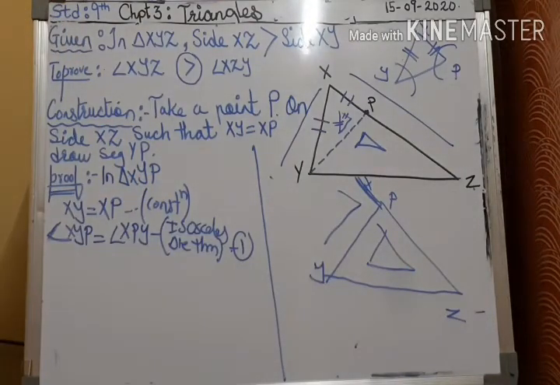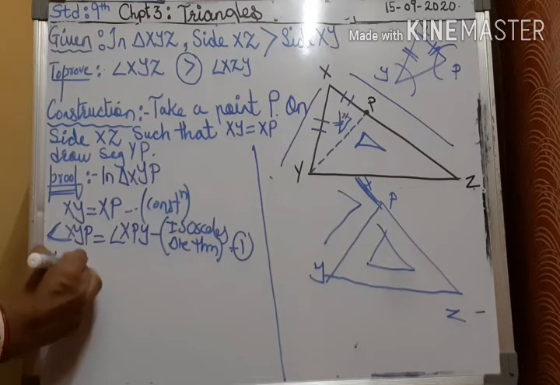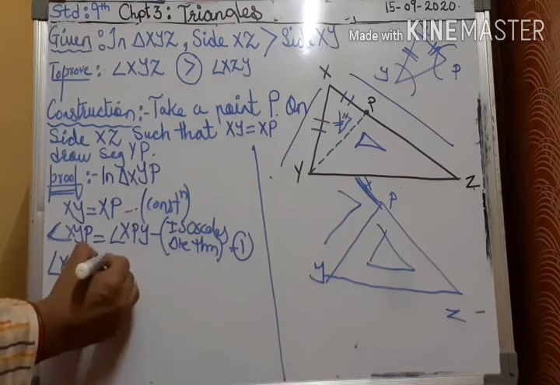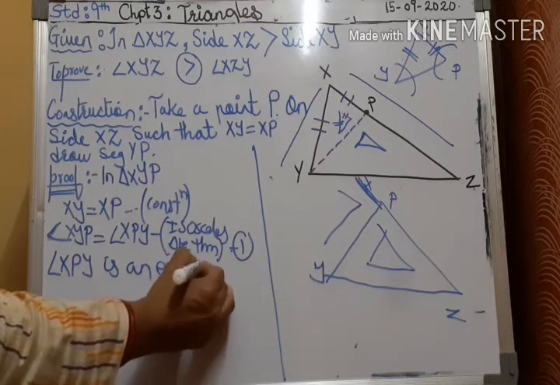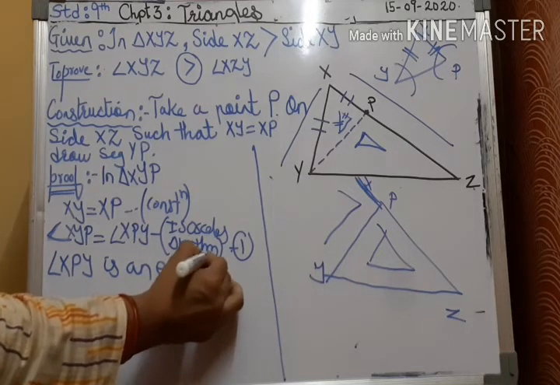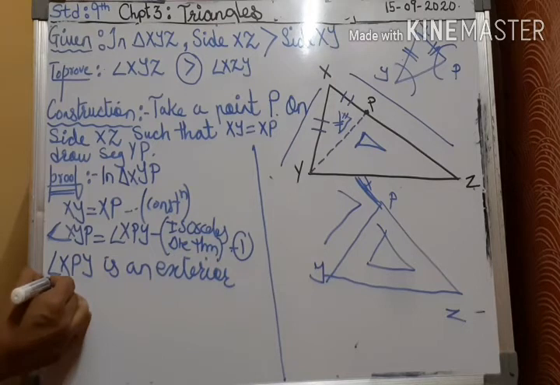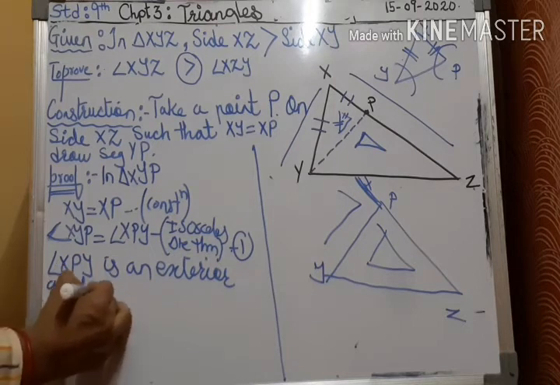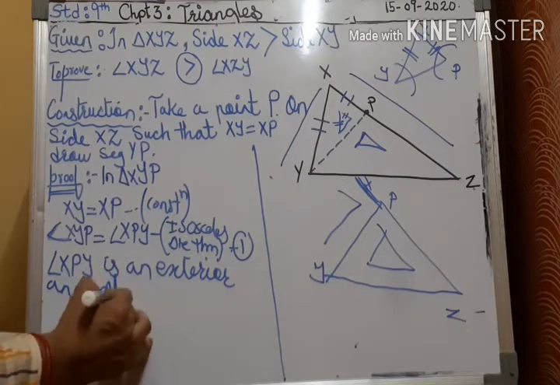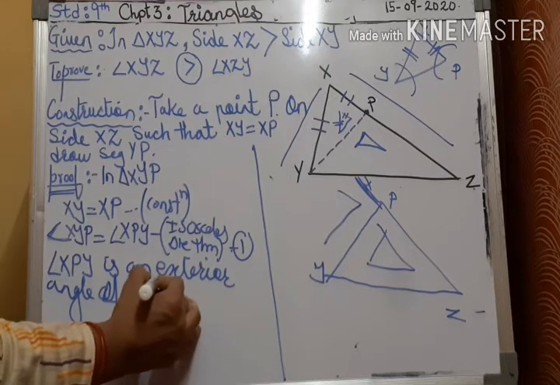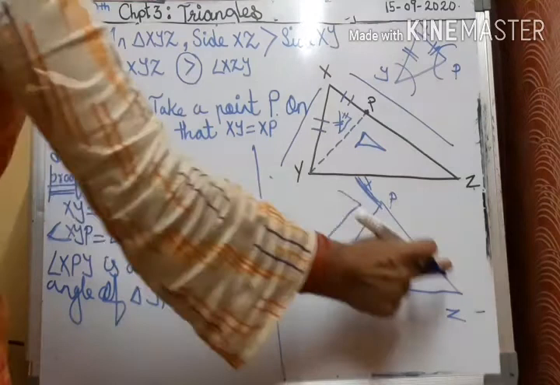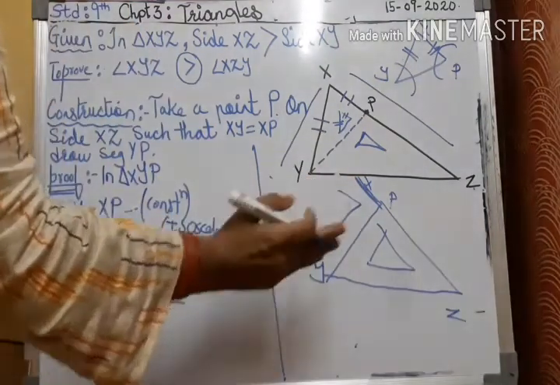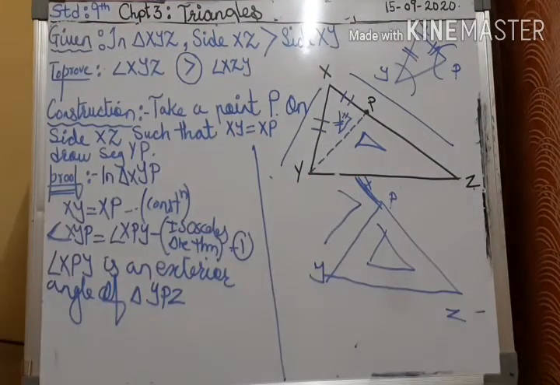So this thing we will write: angle XPY is an exterior angle of triangle YPZ. XPY is the exterior angle of YPZ.